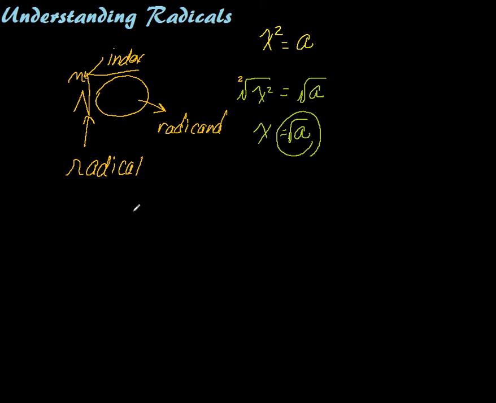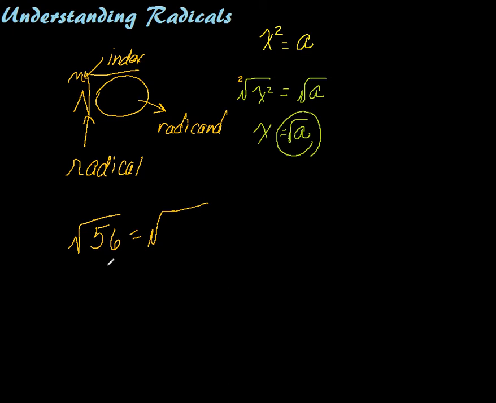Now, if I was taking the square root of a number, let's talk about 56, because this is kind of a nice number to take the square root of. When I do this, the index out here is understood to be 2 because I don't have one out here. What I'm going to do is factor 56, and you know what that looks like.